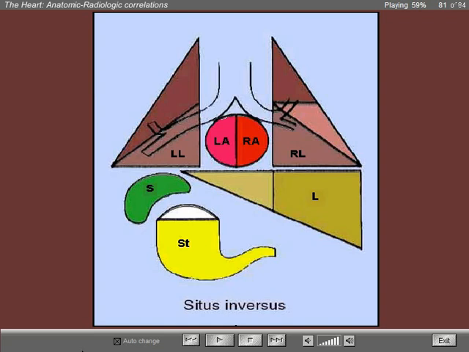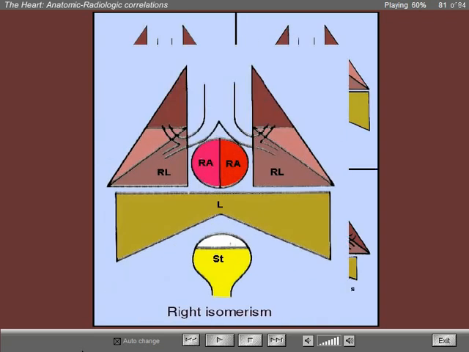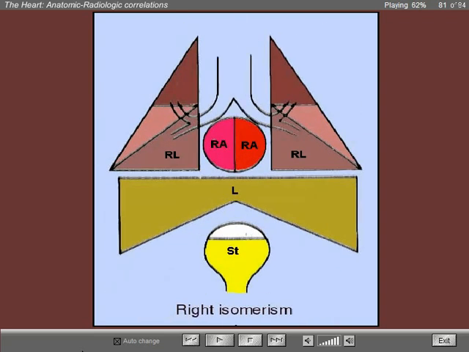When patients have what is called right isomerism, the two lungs are trilobed, and the right atria appear symmetrically located on both sides of the midline. We also note that the liver is a midline structure like the stomach.